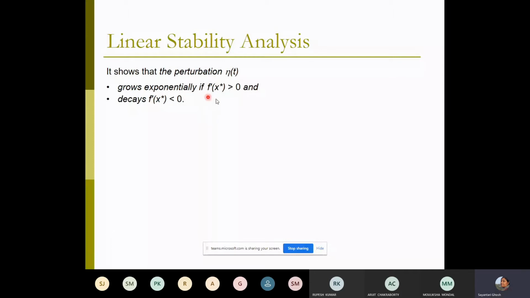Then you figure out x star, the fixed point, by equating that to 0. Then you take the derivative of that function with respect to x and plug in the value of x star. If that is greater than 0, the solution will become unstable, as the perturbation eta(t) from that point will grow exponentially. The perturbation will decay if f prime of x star is less than 0.